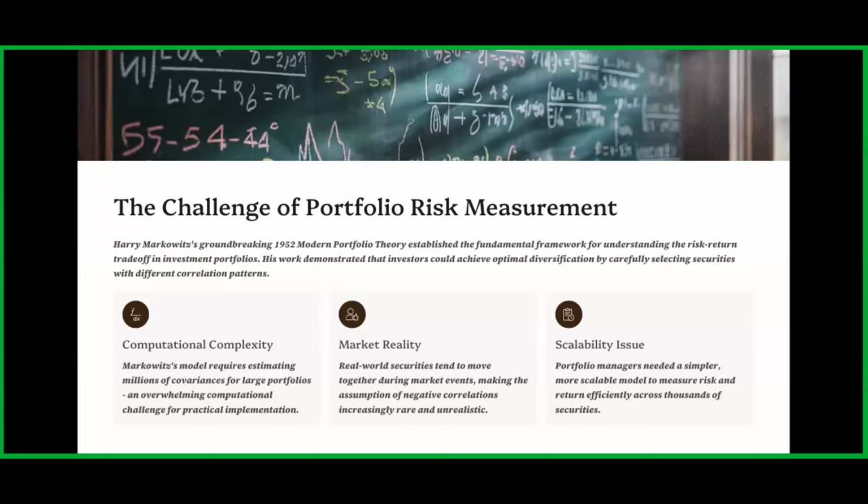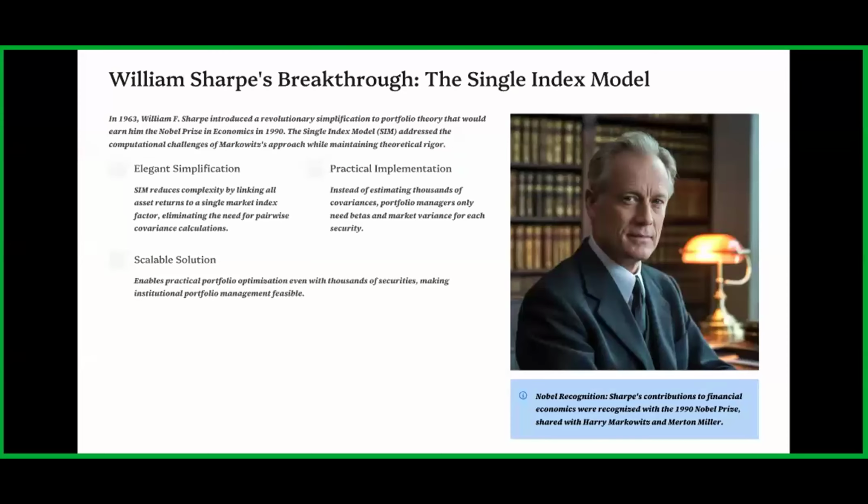The portfolio manager needed a simpler, more scalable model. The Markowitz portfolio model theory is very complex, because we need to calculate the standard deviation and covariance of each security with another security, and it is a very hectic and complex process. So that's why William Sharpe came up with the single index model theory.